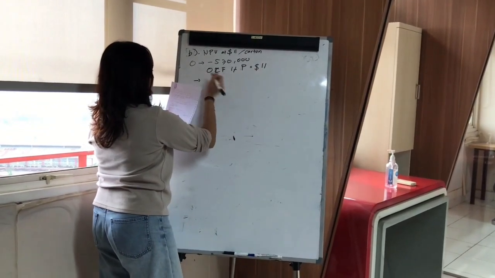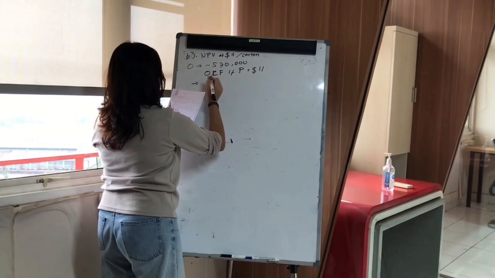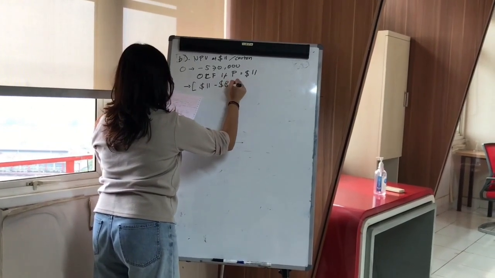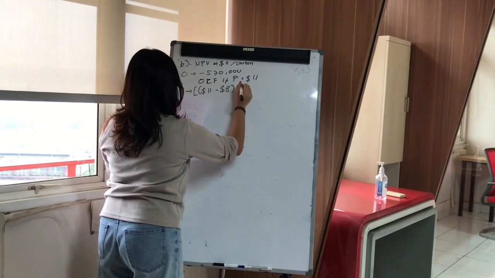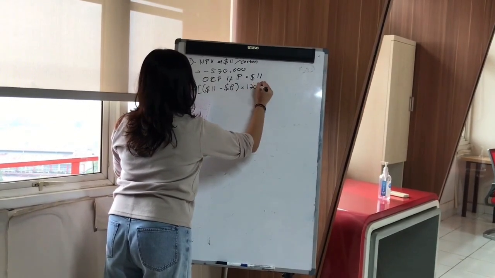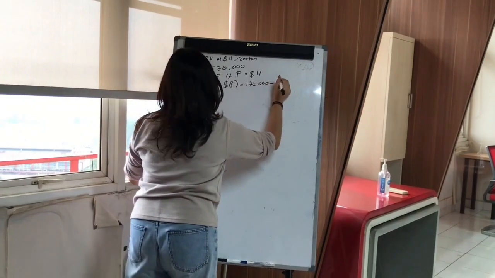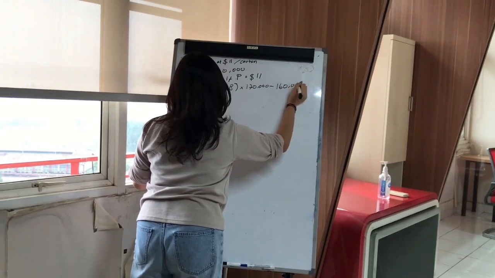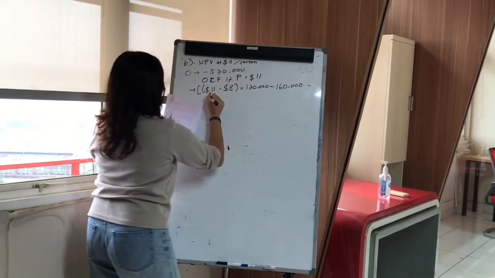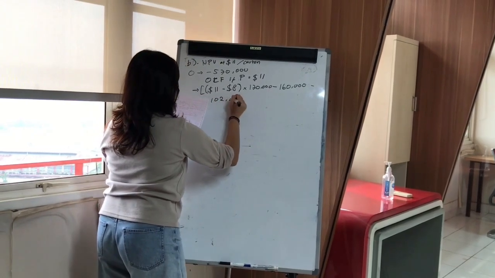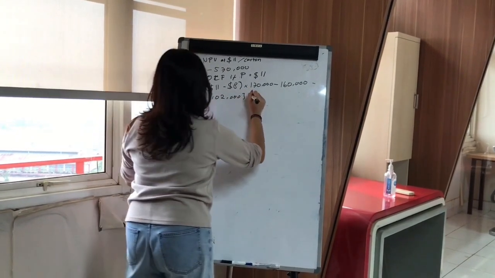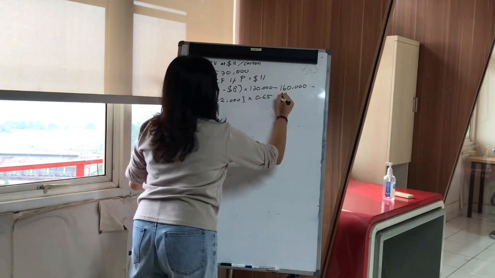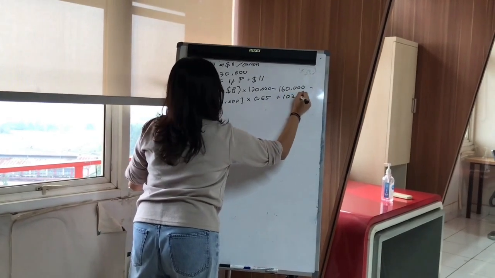So we will use the previous formula and just change the P, and that is $11 minus $8 times 170,000 minus 160,000 minus 102,000 times 0.65 plus 102,000.